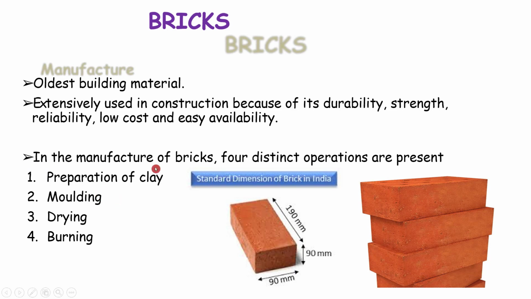In the manufacture of the bricks, four distinct operations are present. First one is the preparation of the clay for making the bricks, then molding it to the specific shape, drying the brick, and then burning for the durability and strength.